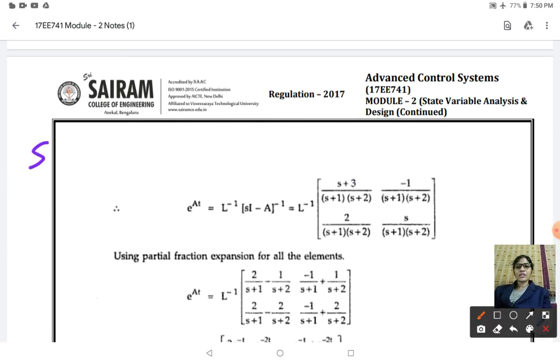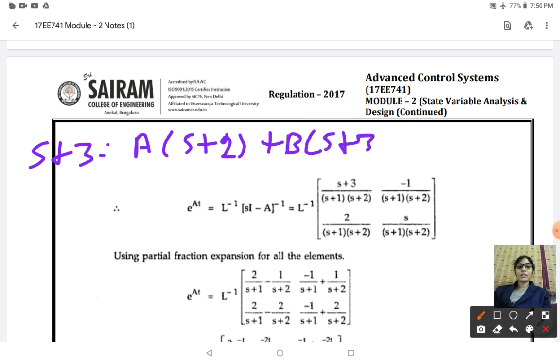s plus 3 is equal to A into s plus 2 plus B into s plus 1, whole divided by s plus 1 into s plus 2.